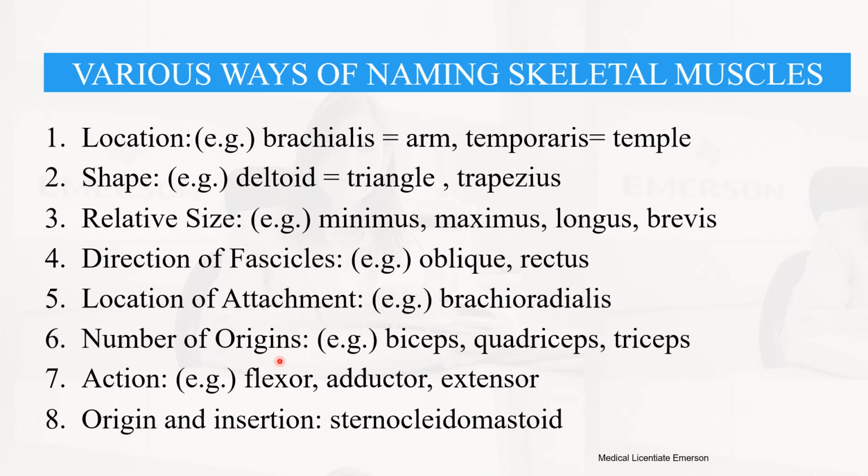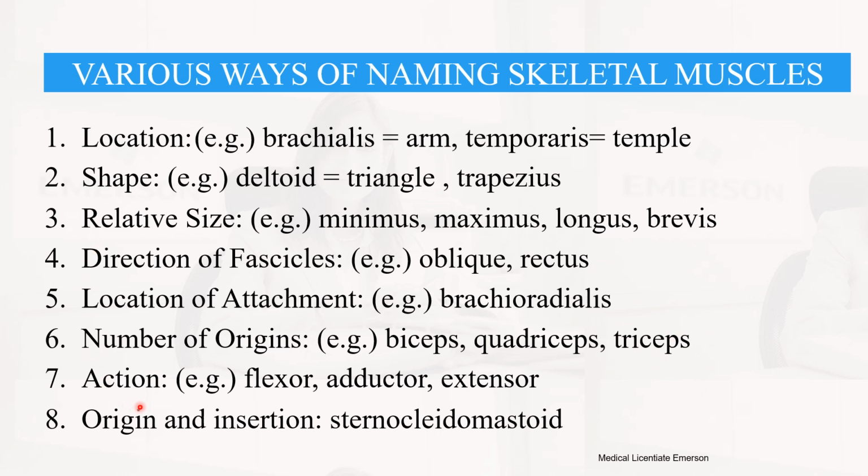Also, we can have number of origins. Biceps means there are 2 origins. Quadriceps means there are 4. Then triceps, 3. For instance, biceps and triceps can be found on the arm: the anterior part is where the biceps are, and the posterior part is where the triceps are.